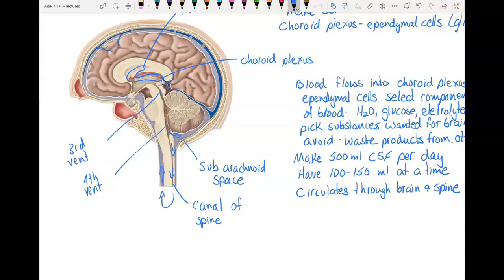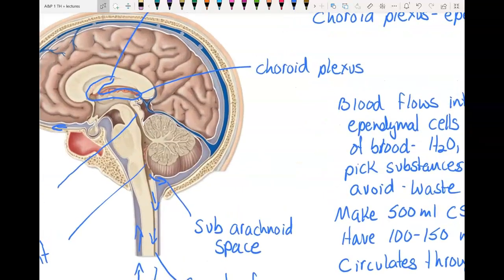So it's going to flow through, like here's some more subarachnoid space. It flows through. In this picture, all the lighter blue area is subarachnoid space. So it flows all around this subarachnoid space. The darker blue is that dural venous sinus that we talked about before.